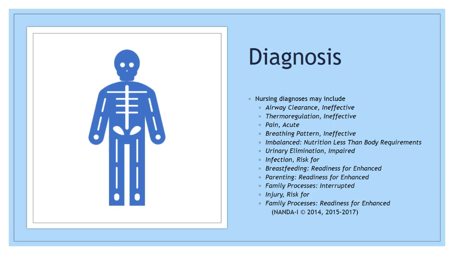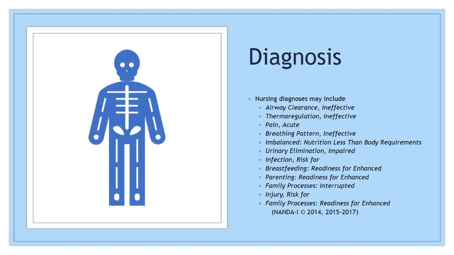There are several nursing diagnoses that can be appropriate for the newborn. We can have ineffective airway clearance, ineffective thermoregulation, acute pain, ineffective breathing pattern, and the list goes on and on.